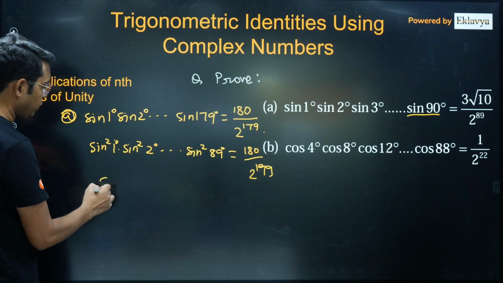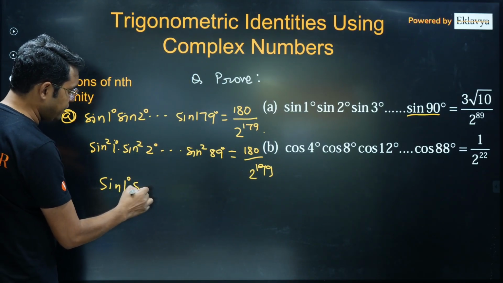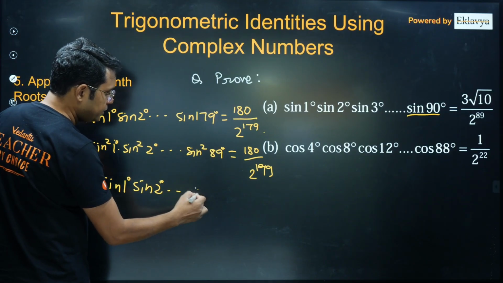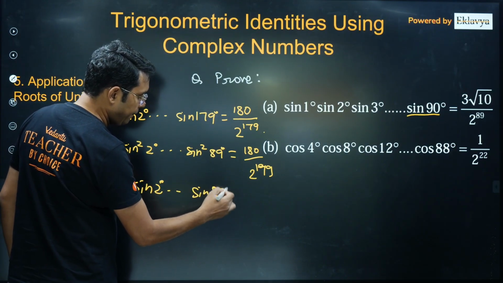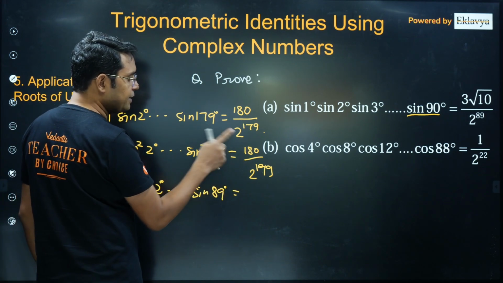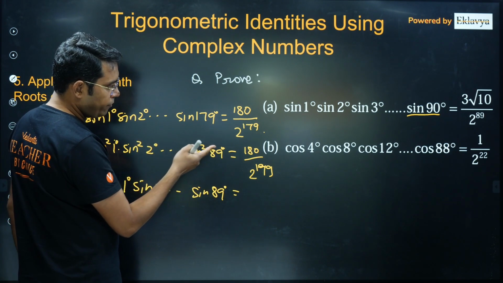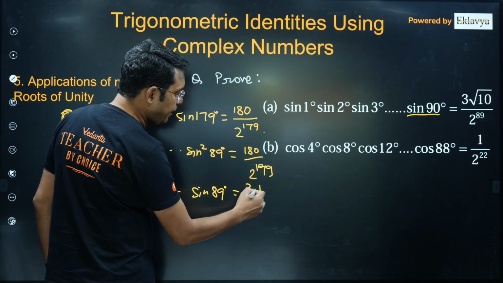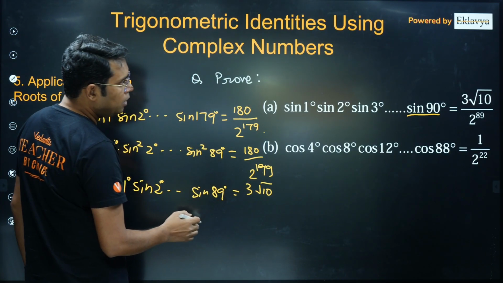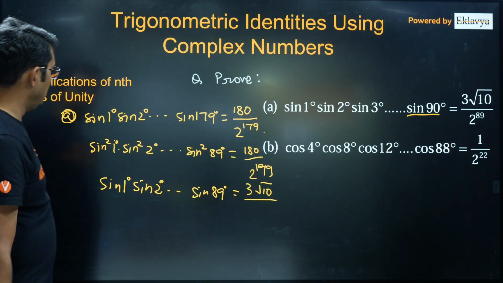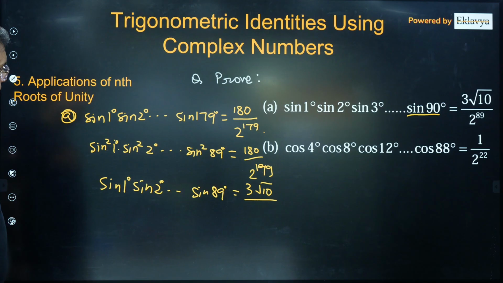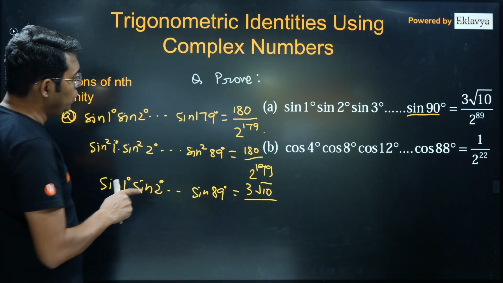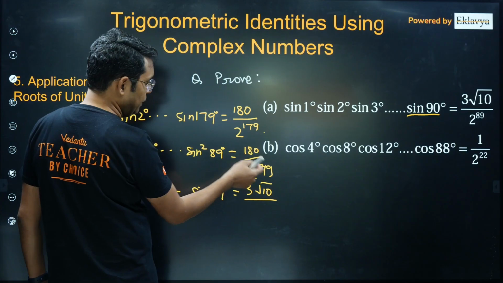Now we have to take the square root on both sides. So sine 1 degree, sine 2 degree, and so on, sine 89 degree will be equal to, if you write 180 as 9 into 10, sorry, not 9 into 10, 9 into 10 into 2, so that 2 will make this power 1 less.